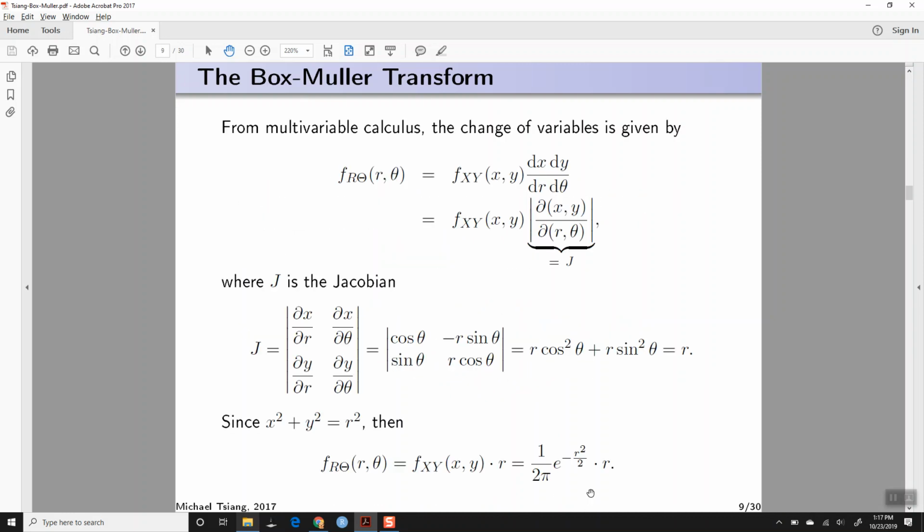And when we do the change of variables, we multiply it by this Jacobian, or basically how x and y change with respect to r and theta, which is this right here.